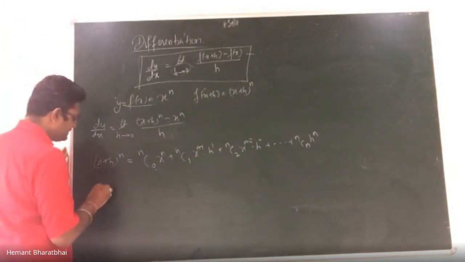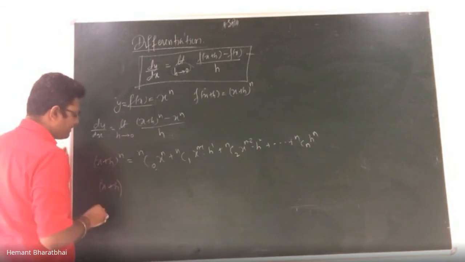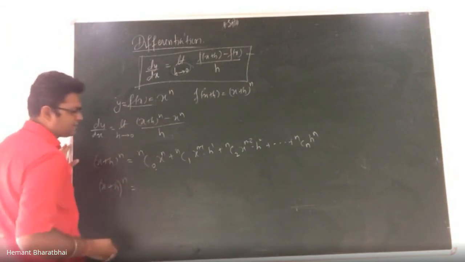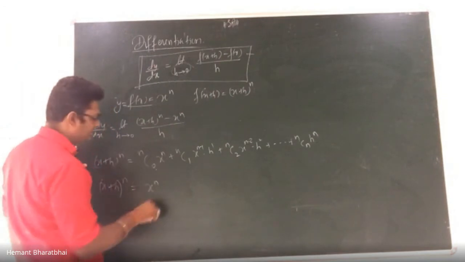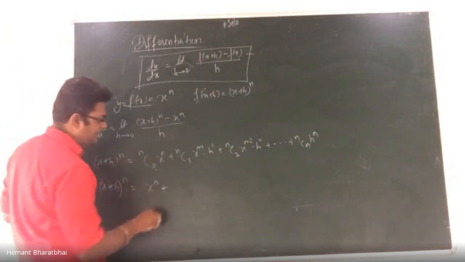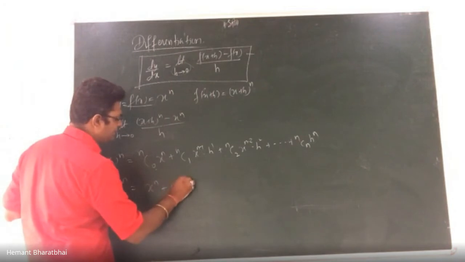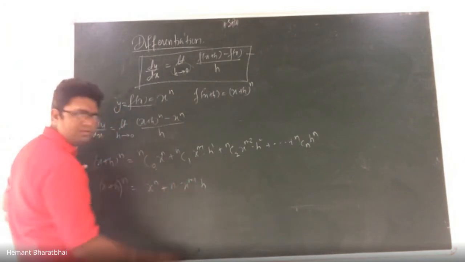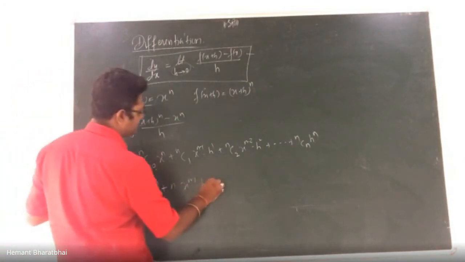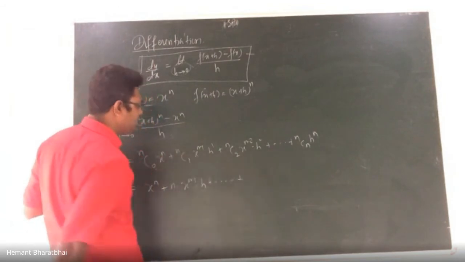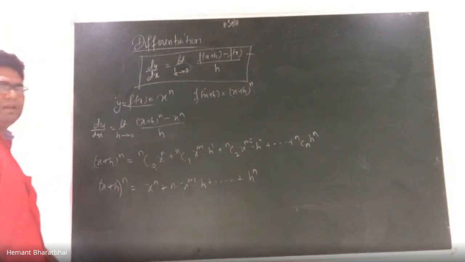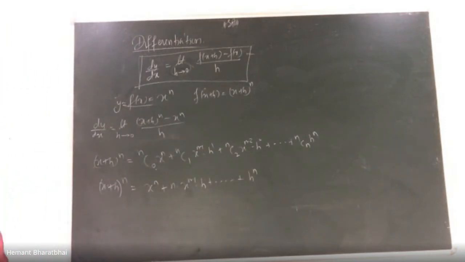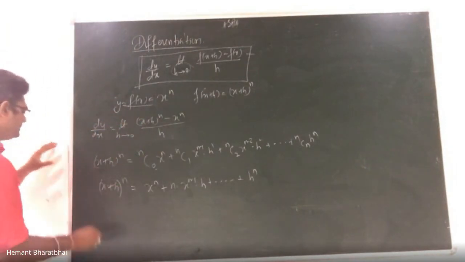So I'll get x plus h raised to n is equal to, nC0 is 1, so x raised to n, nC1 is n, so that will be n into x raised to n minus 1 into h, plus nCn is again 1, so that will be h raised to n.